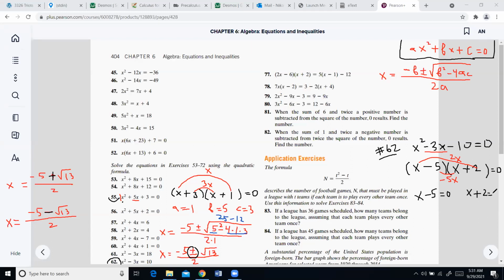So you get something like 5 for x or -2. These 2 are my results. If you decide to use the formula to solve this equation, you can go ahead and do this, but the answer will be the same. So these quadratic equations that have x squared could be solved either using a formula or using factoring.